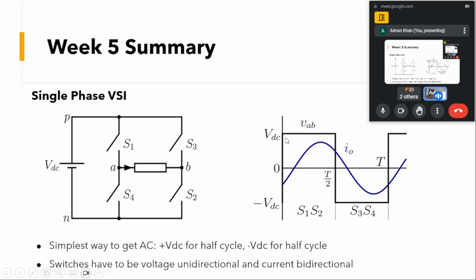When the voltage is positive we can have negative current as well as positive current, so our devices should have bidirectional current carrying capability. Similarly, when the voltage is negative, we can have current that is positive as well as negative. So in that interval as well, our devices should have bidirectional current carrying capability.